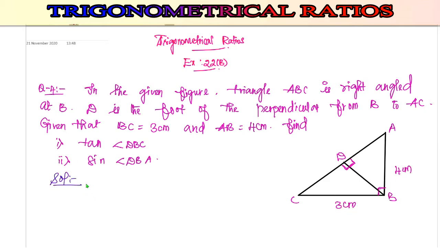Solution. Since the given ABC is a right angle triangle, by using this right angle triangle, we are going to find out the AC length by using Pythagoras theorem.